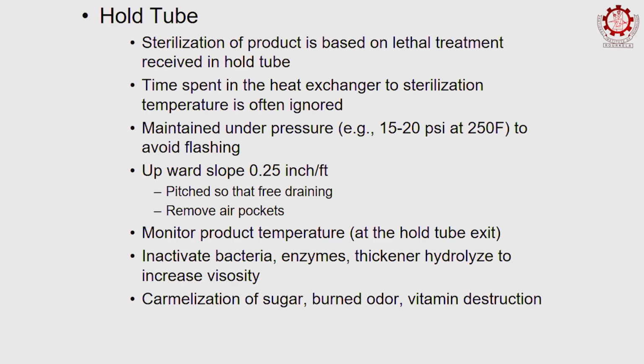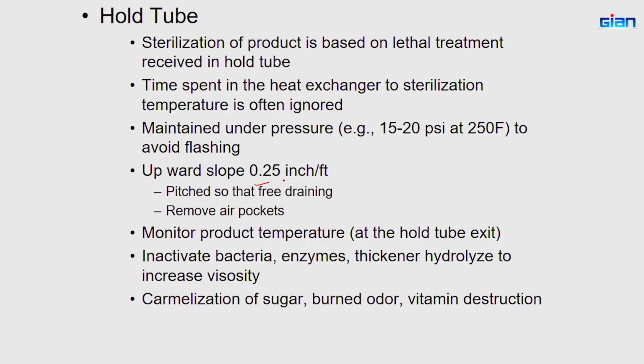Holding tube. So, at the heart of the aseptic processing is the holding tube, because this is the place where you determine or demonstrate the lethality of your product. So, it does not matter how much time the product spent in the heat exchanger, you do not consider the lethal effect, only the time it spent in the holding tube. So, 30 seconds, 50 seconds, whatever is based on your design, it is going to consider that.